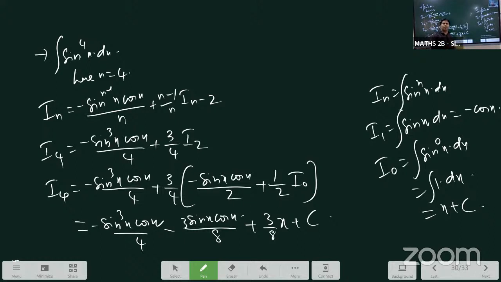With this, your long answer chapters are almost done. Tomorrow, ellipse and hyperbola 4 marks something we'll do. I will continue with reduction formulas only. Is it clear?